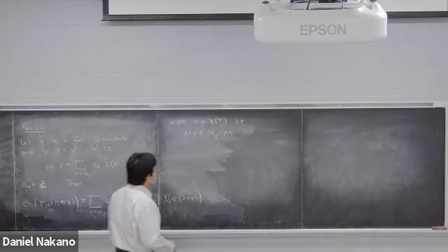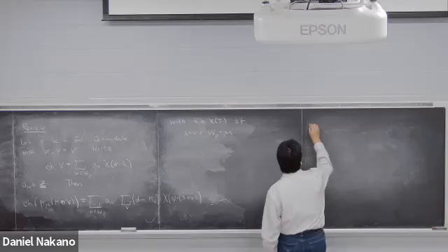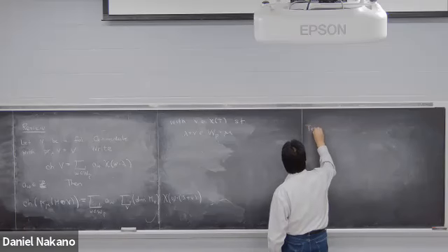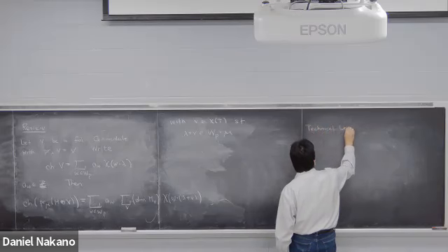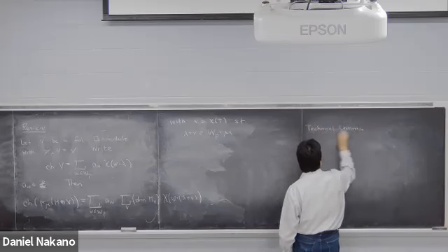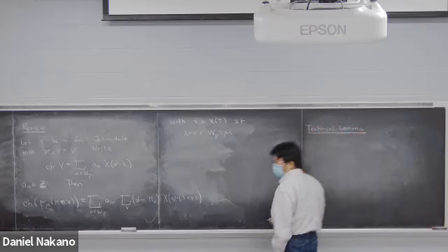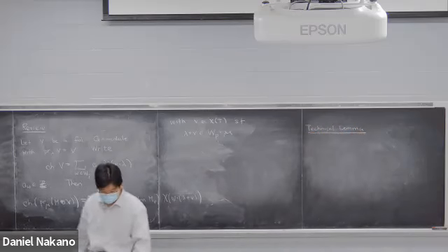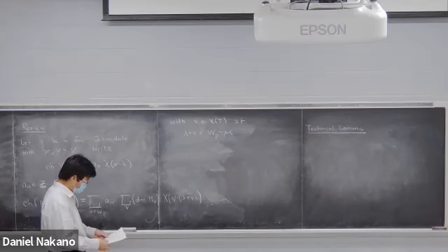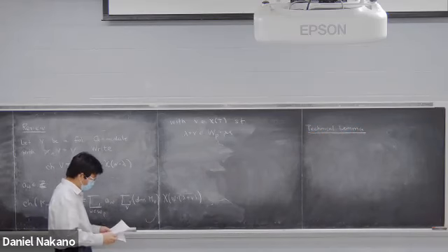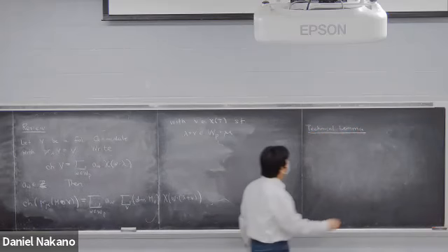Okay, so now I want to break down a technical lemma. This is actually proved in Jantzen's book in detail. It's very technical, so I'd rather not go over it in class, but let me give you a feel for what it really says.